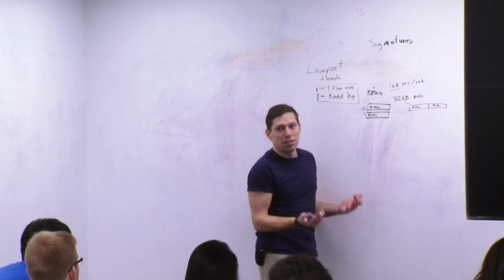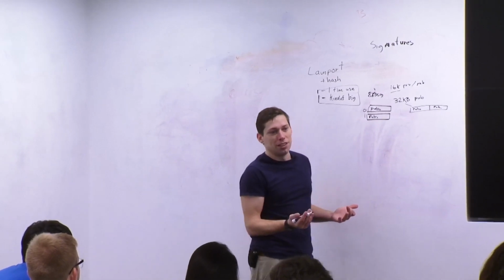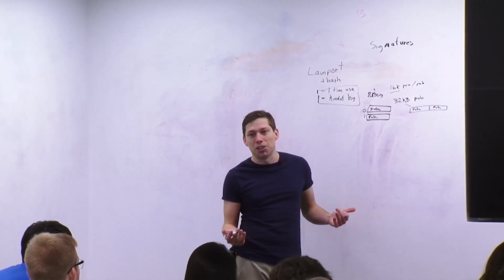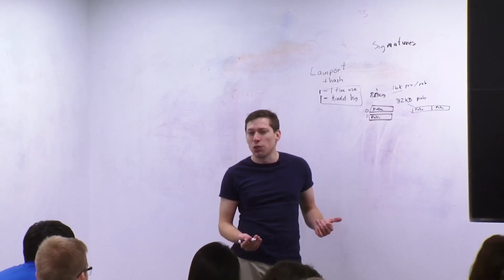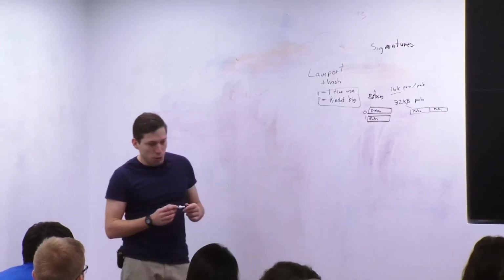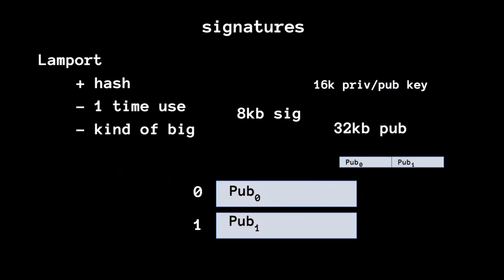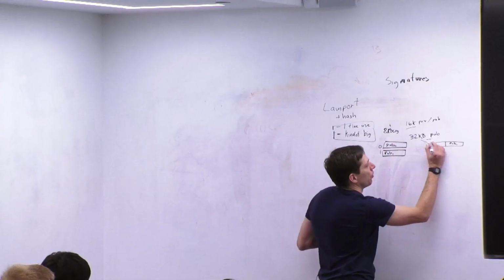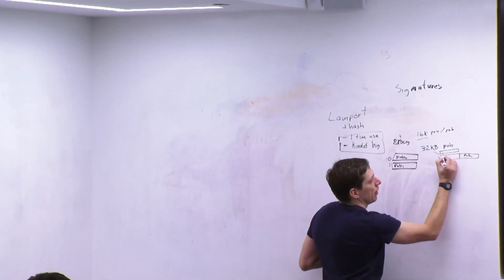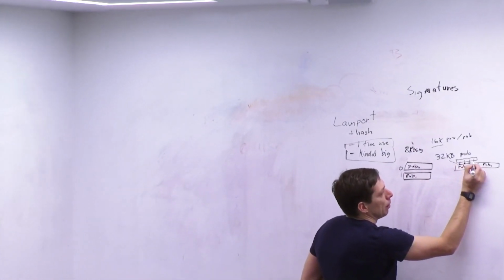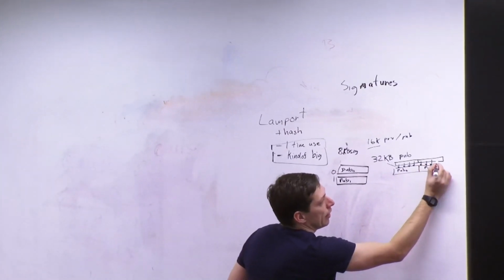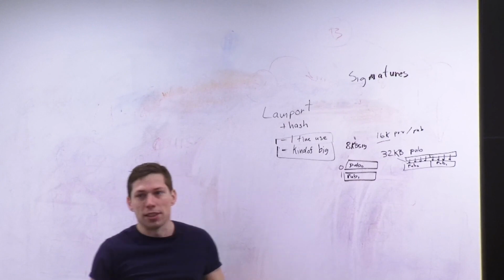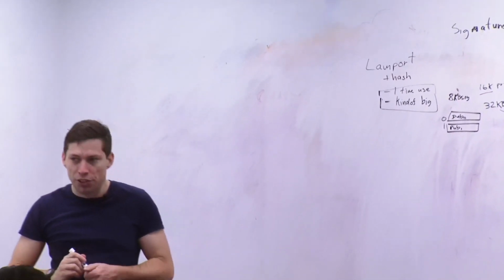How would private keys work here? Same expansion of size, I guess? Can anyone think of a way to mitigate the expansion of size of private keys in this case? The private keys are sort of the pre-images here. They lead into these public key blocks. So you could say, I have twice the size private key leading into twice the size public key. Could you do that more efficiently?